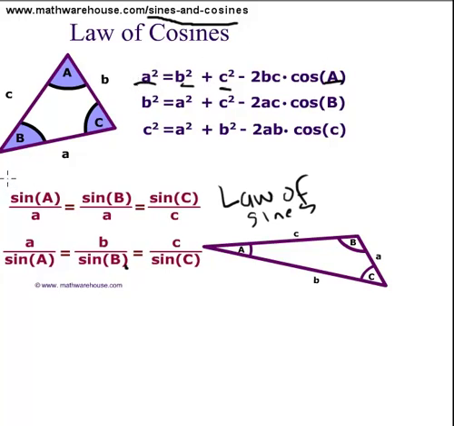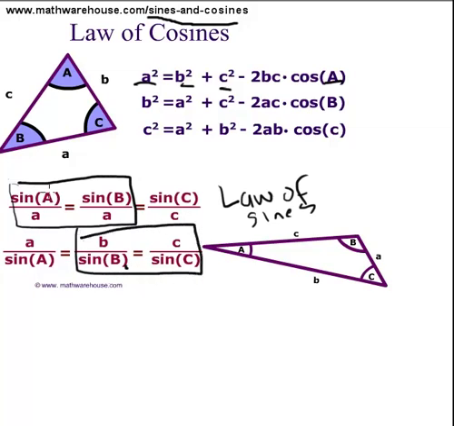The law of sines, you will always end up setting up one equation that involves an angle, its opposite side, some other angle, and that angle's opposite side. This should be B down here. And that's what distinguishes the law of sines from the law of cosines.